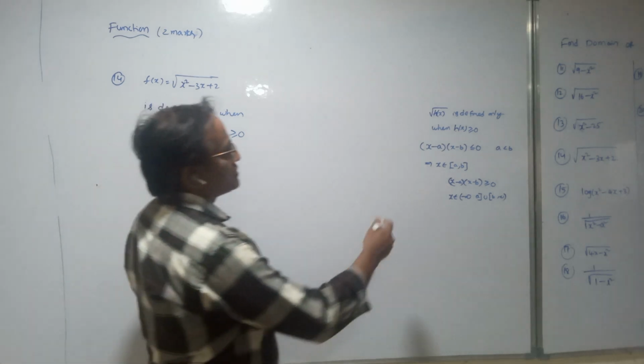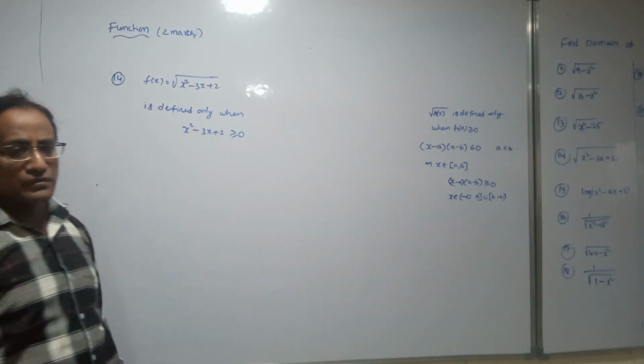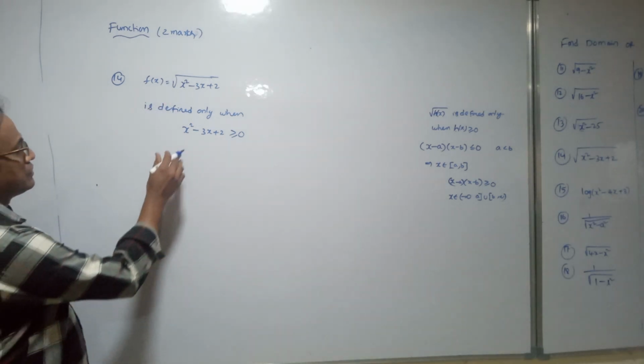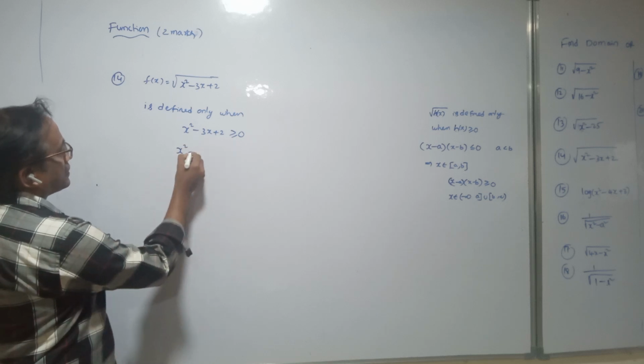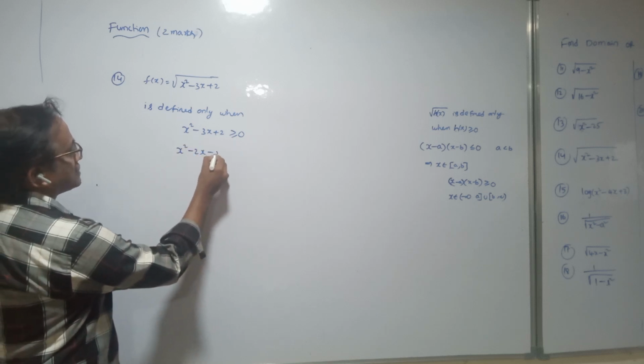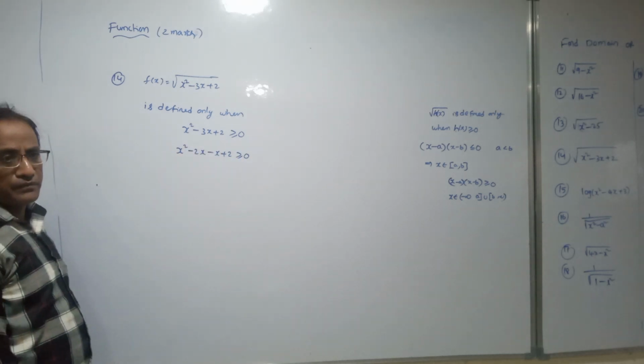So same condition: square root of a function is defined only when it is greater than or equal to 0. You can write it as x square minus 2x minus x plus 2 greater than or equal to 0.